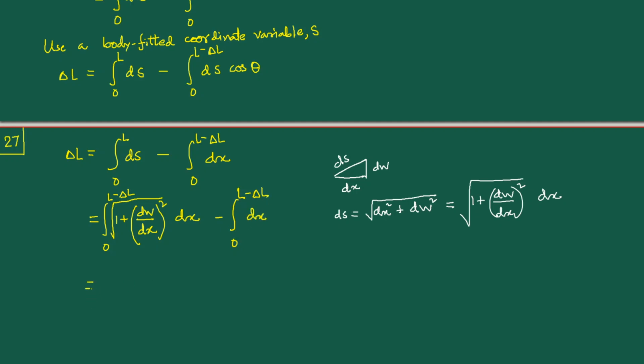Fine. Now what we are going to do here is take an approximation of this in a series fashion. So instead of this equal to, what we are going to do is write this as approximately equal to, and then write this in this fashion.